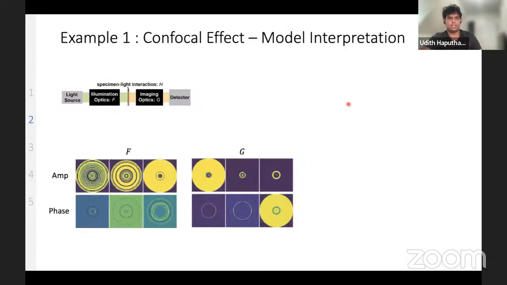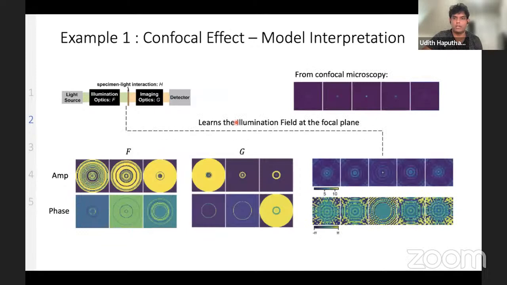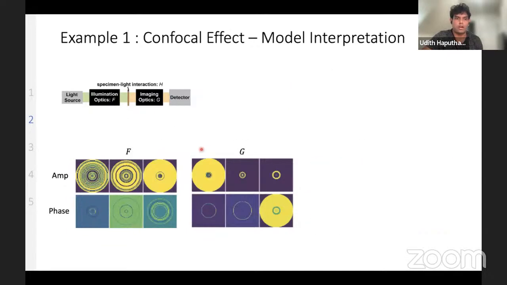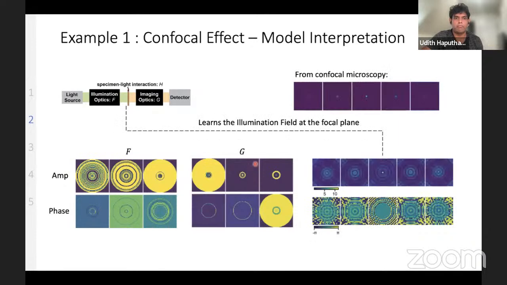So these are the results it learned, these are the filters it learned. If I visualize the illumination fields learned just before the sample and compare them with the confocal microscopy fields immediately before the sample, you can see it has learned some aspects of focusing light to a middle point, the center of the middle plane.